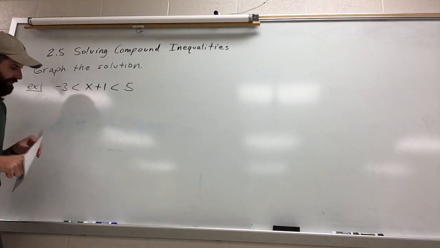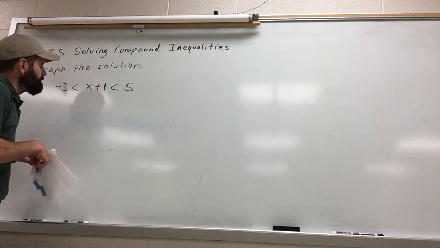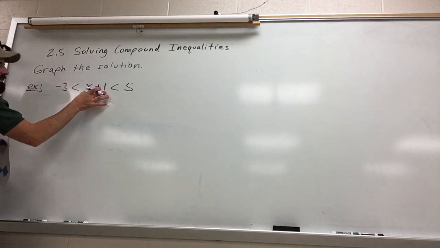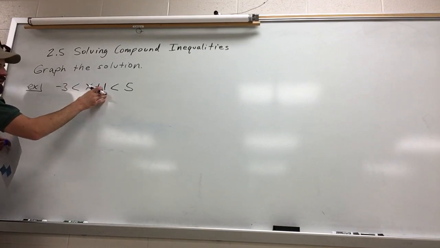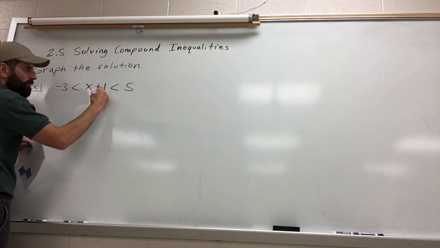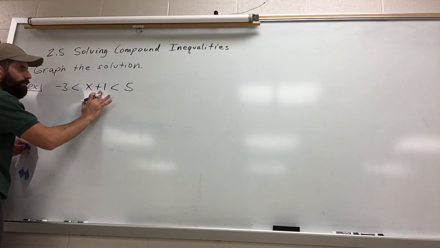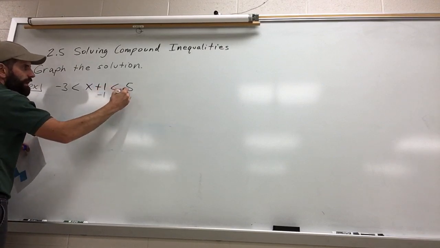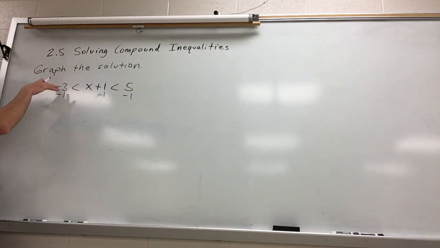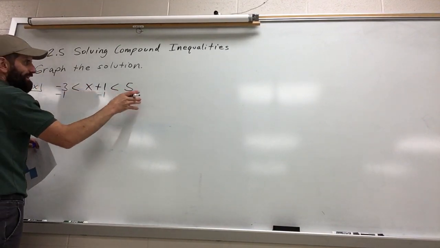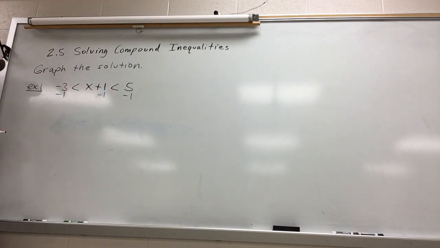Now, you do something interesting when you solve this. What you do is you isolate x in the middle. So to undo adding 1, the inverse operation, we're going to subtract 1 here, and subtract 1 here. We cover all our sides.